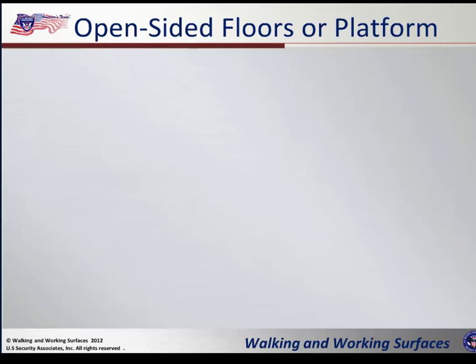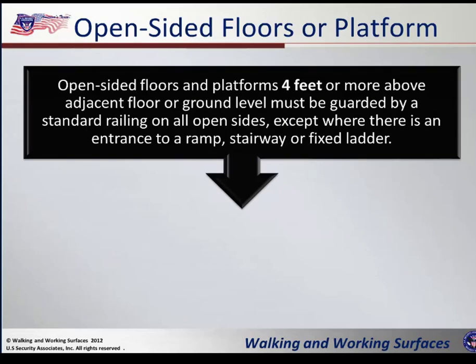Okay, now let's look at open-sided floors and platforms. Open-sided floors and platforms 4 feet or more above the adjacent floor or ground level must be guarded by a standard railing on open sides except where there is an entrance to a ramp, stairway, or a fixed ladder.